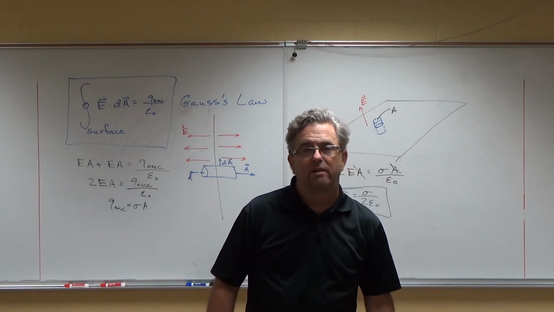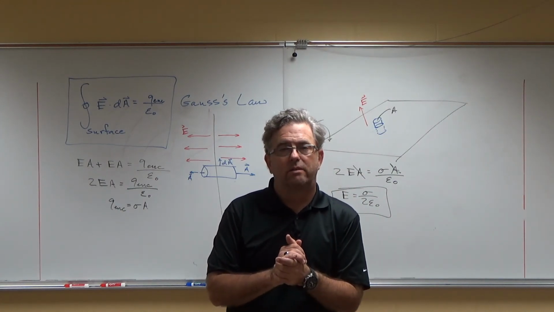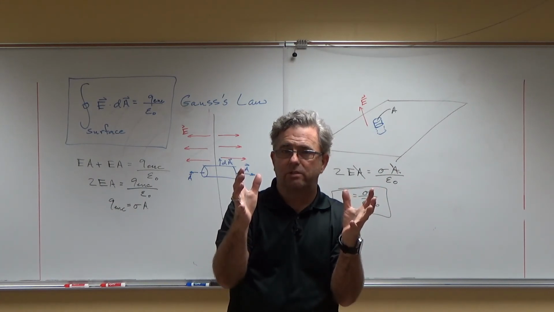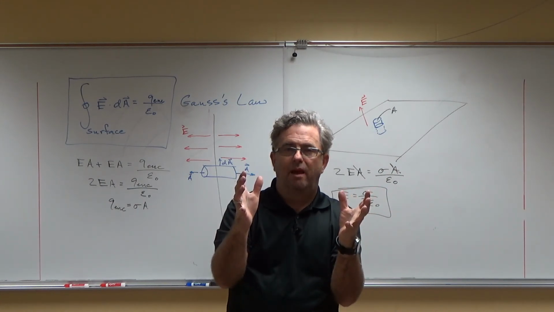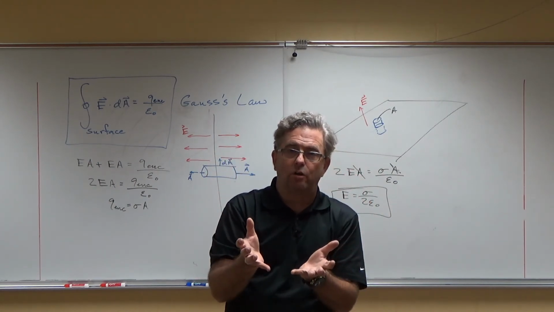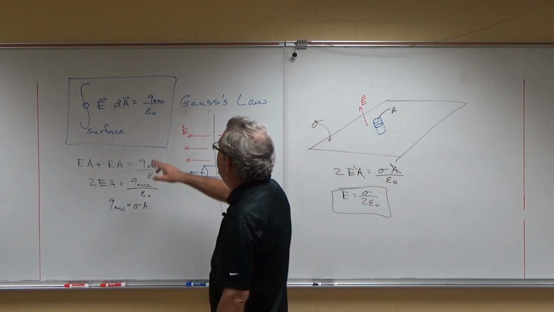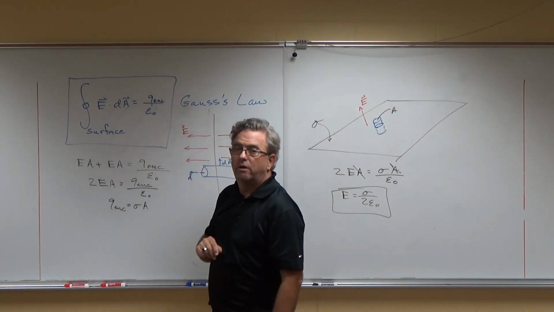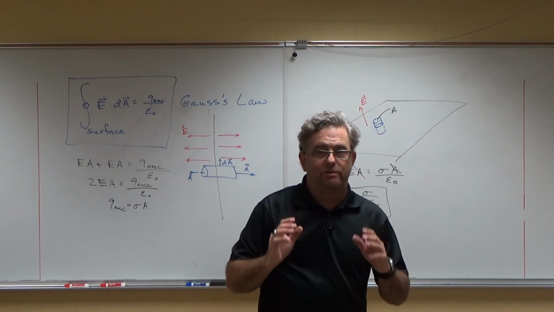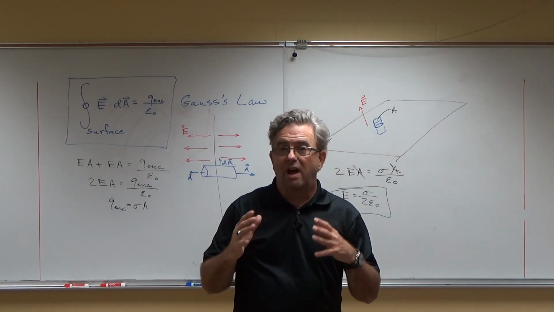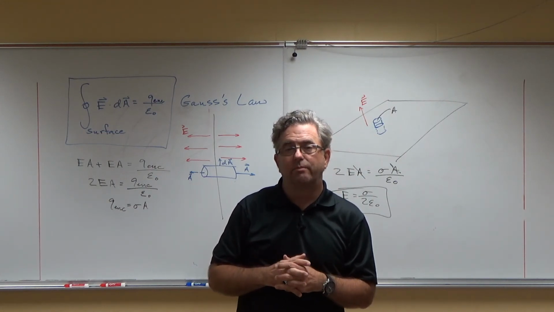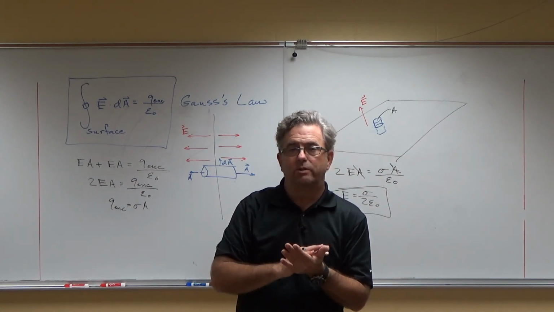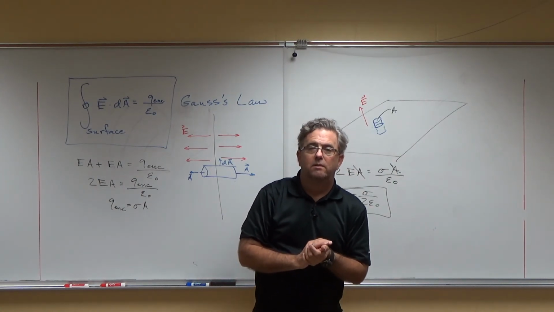Gauss's law says if you want to calculate the flux, you enclose the charge in a closed surface, and then you integrate over that closed surface, adding up all the flux, and you're guaranteed to get Q enclosed over epsilon naught. Gauss's law always works. It's nice for calculations if you have some kind of symmetry, like spherical symmetry, cylindrical symmetry, planar symmetry. It works.